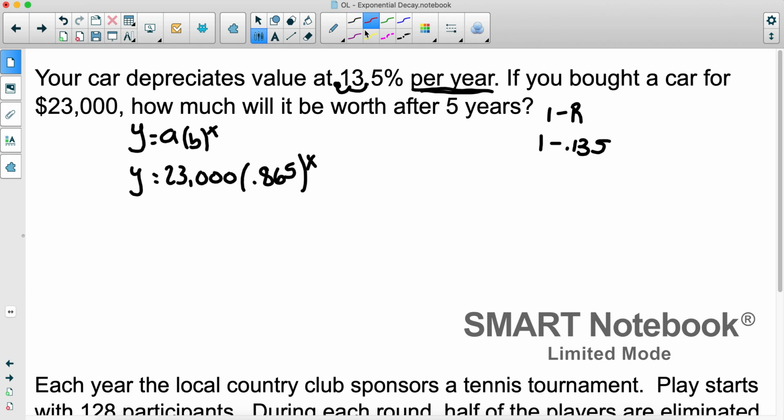Now we need to answer the question, how much will it be worth after 5 years? So I'm going to take my function, and in place of x, I'm going to put the 5. So remember to do order of operations first. So you're going to do 0.865 to the 5th power.